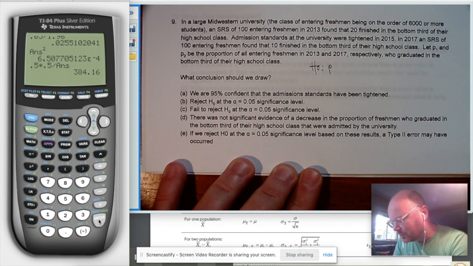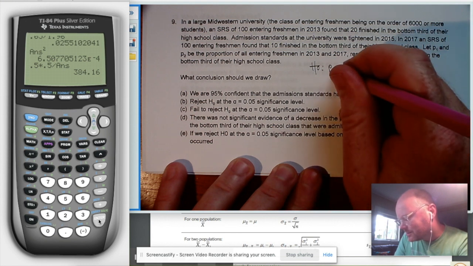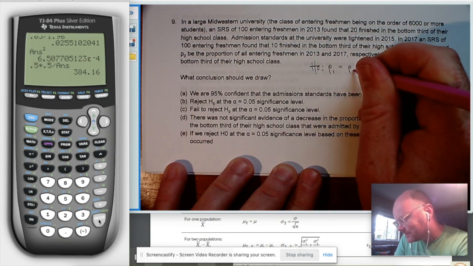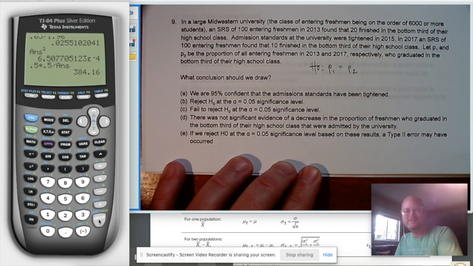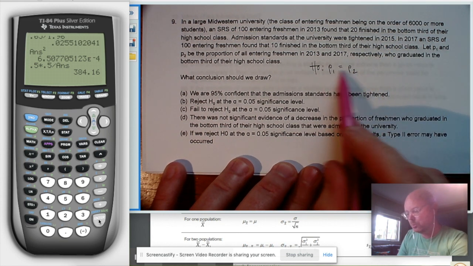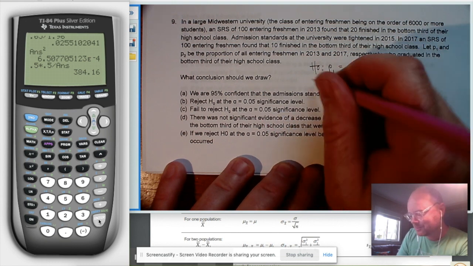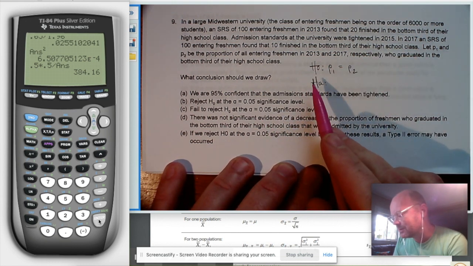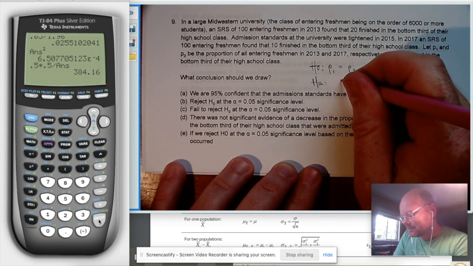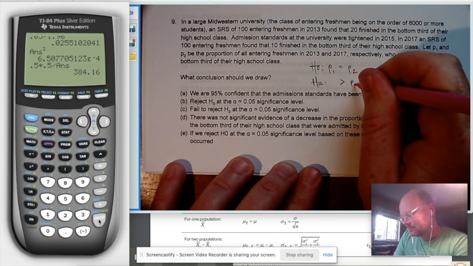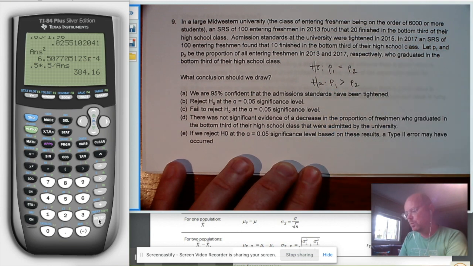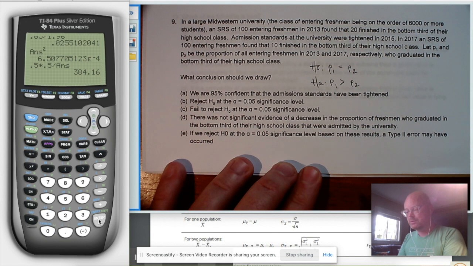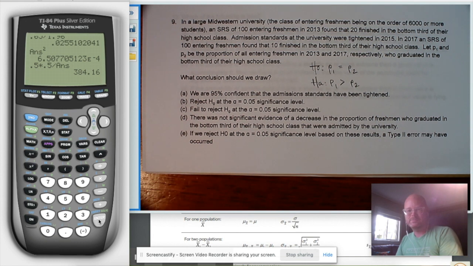They're saying let P1 and P2 equal the proportions. Is the proportion in 2013 equal to the proportion later, or has the proportion of students finishing in the bottom third of their class dropped? Ideally, if admission standards have tightened, the proportion should be lower 5 years later.